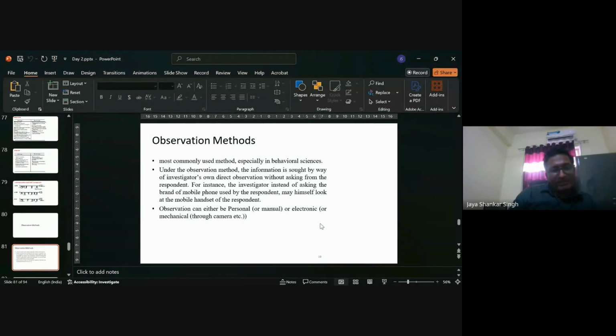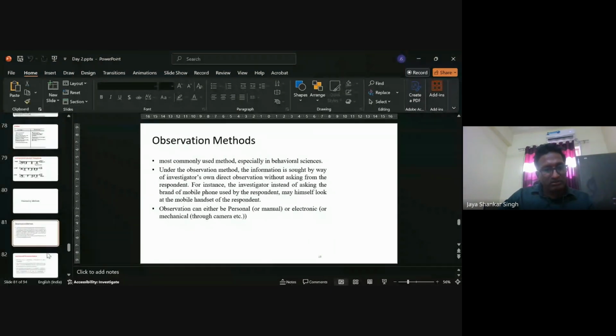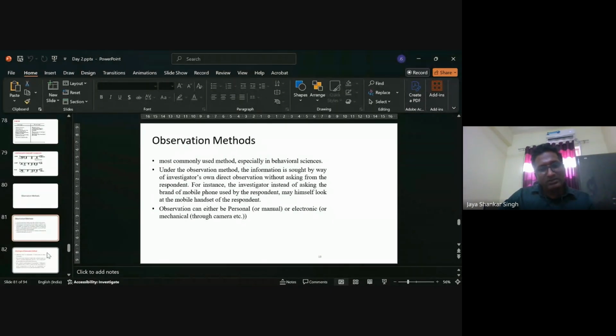Like I gave the example of a camera. Your manager can use a camera to observe the behavior of the employees on the workflow. How much time they are wasting on chit chatting, how eager they are to respond to the consumers. So this type of data collection is called the observational method.